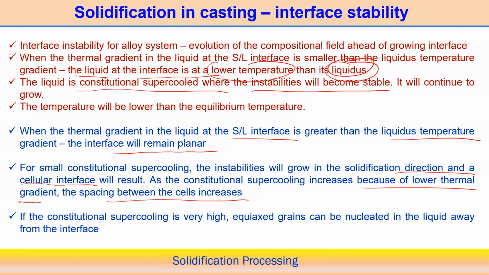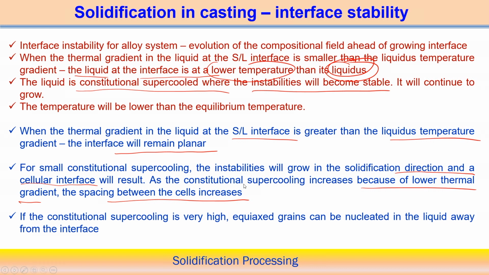So with a low thermal gradient but relatively more constitutional supercooling, the spacing between the cellular structure increases. But if the constitutional supercooling is very high, then the equiaxed grain structure is promoted and nucleated in the liquid away from the interface. So equiaxed grains will usually form in this case.